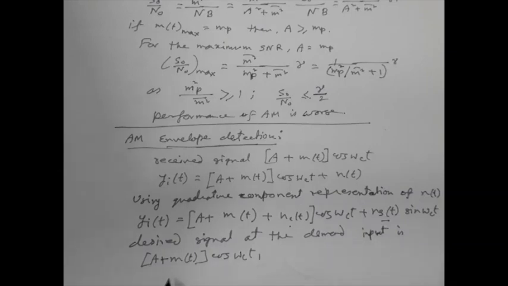So the signal power Si equals (A plus m(t)) square bar divided by 2, that is equal to (A square plus m square bar) by 2.